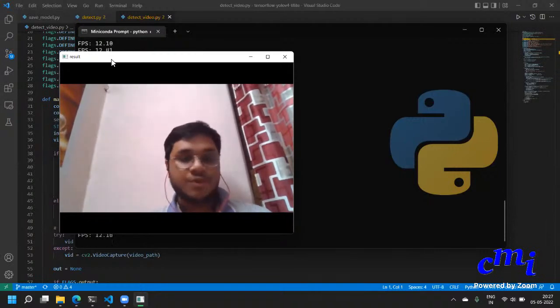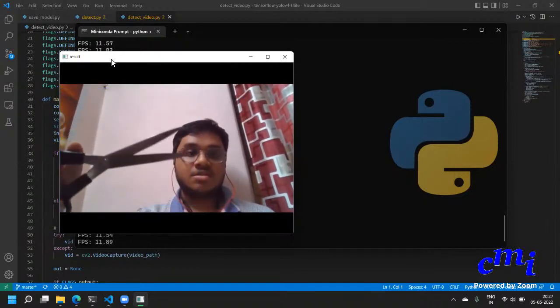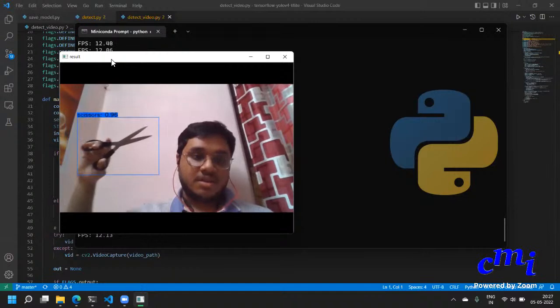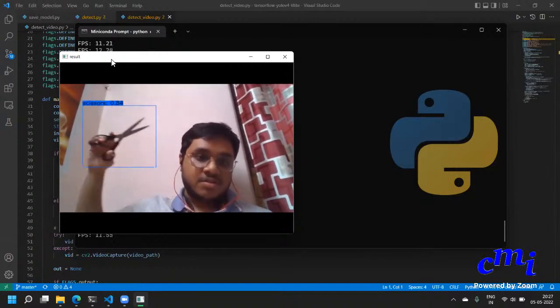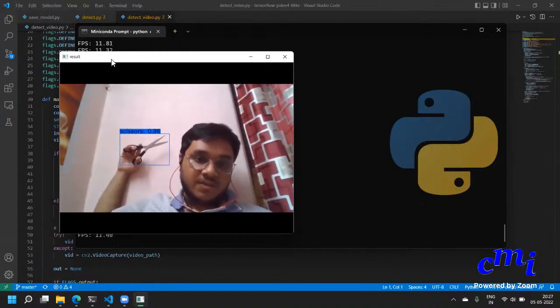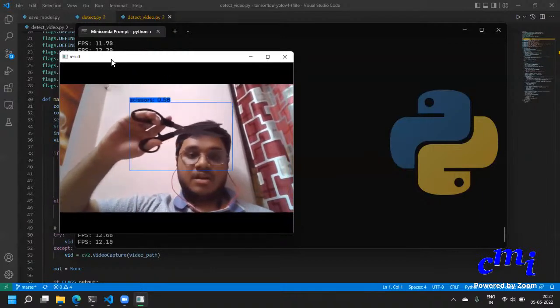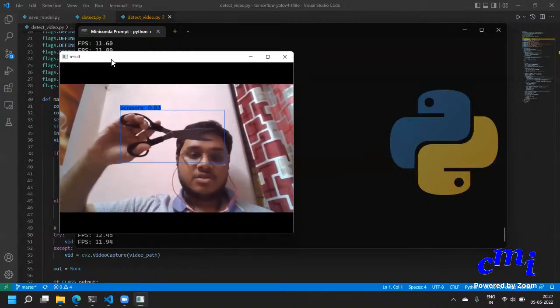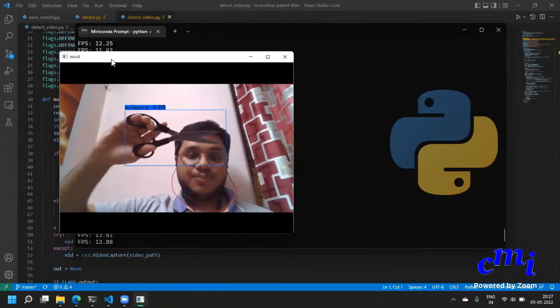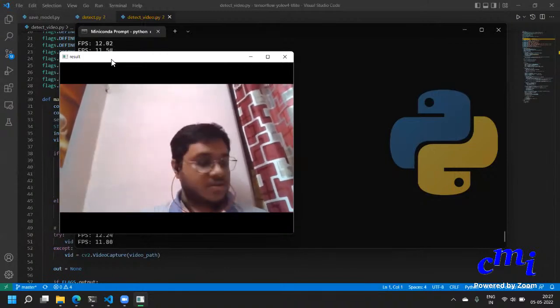I have a few sharp objects with me, for example, I have these scissors. It is able to detect it even if I take it very far away, and it is also able to detect it when I put it in front of my face.